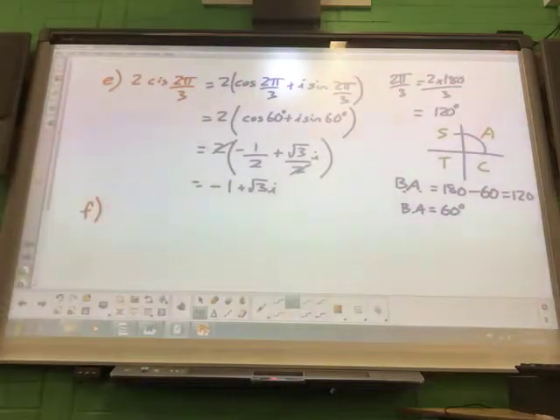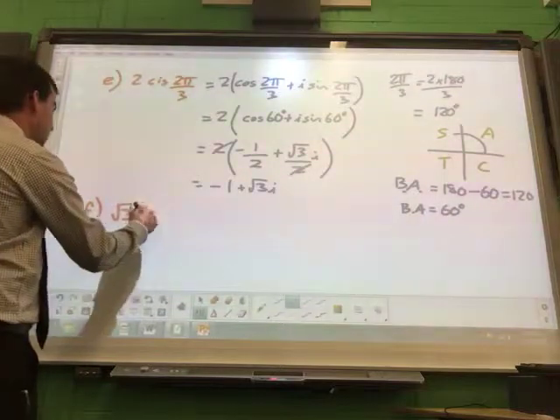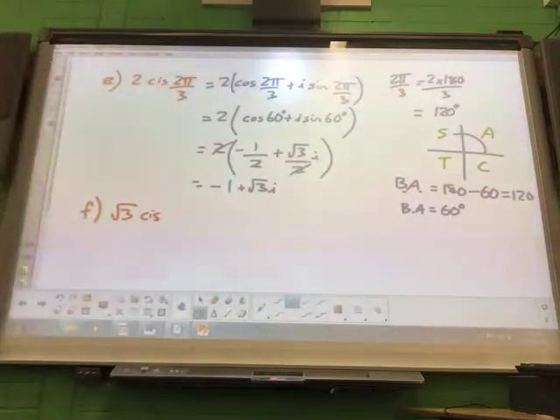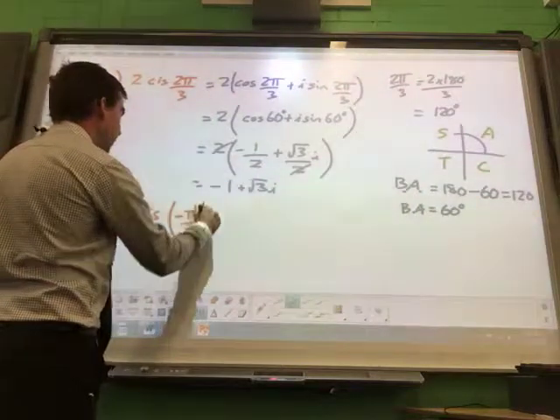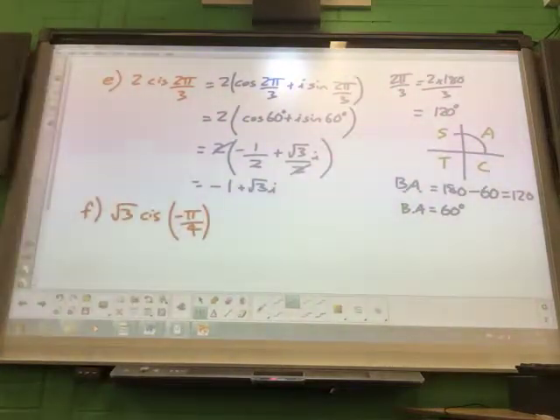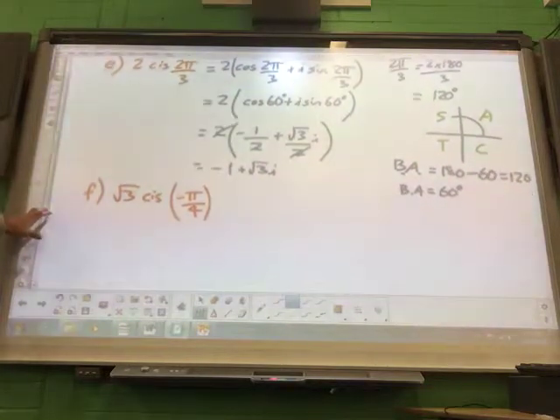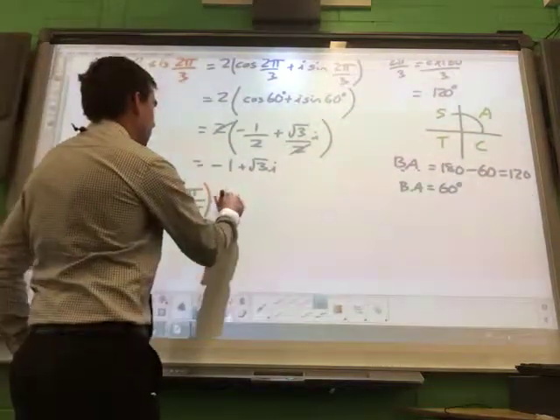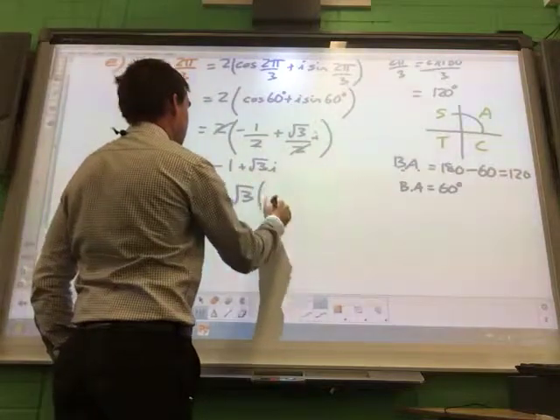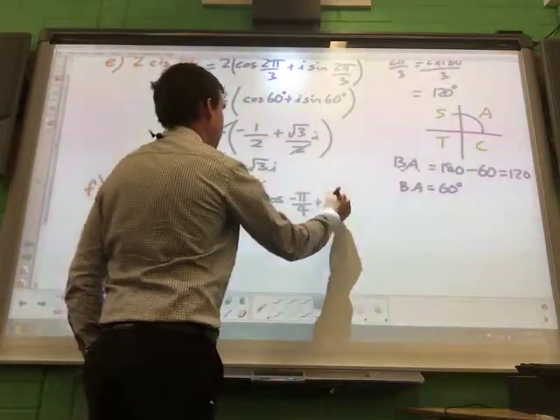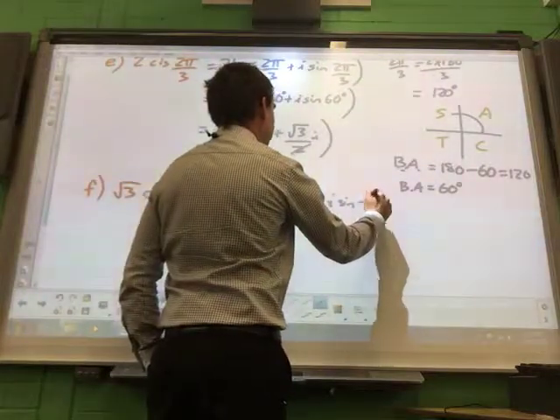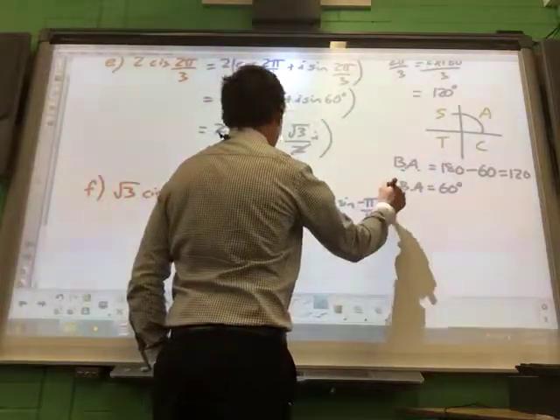F. Root 3 cis of negative pi on 4. So root 3 cos of negative pi on 4 plus i sine of negative pi on 4.